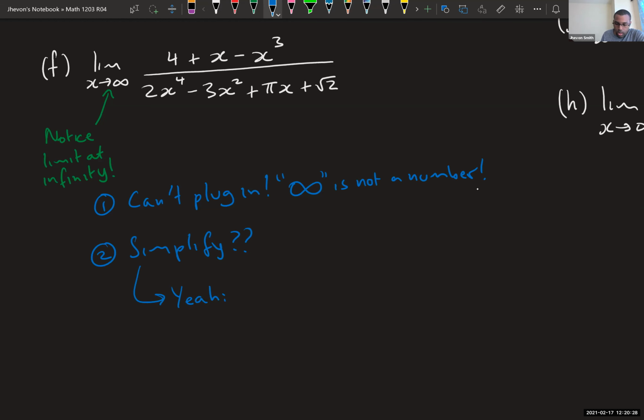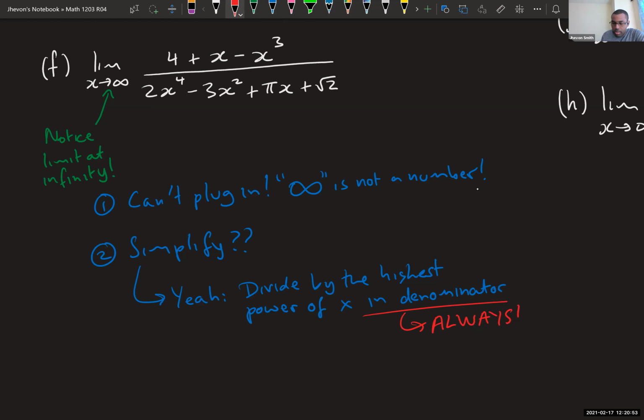What you're going to do is divide by the highest power of x in the denominator. Always. It's always going to be the highest power of x in the denominator. Okay.